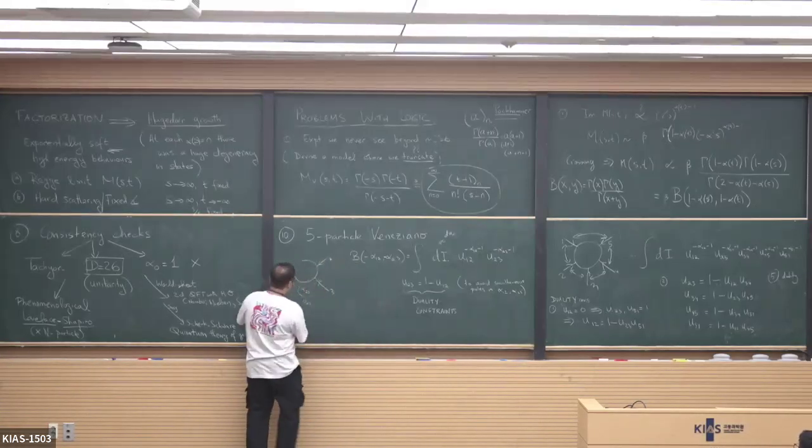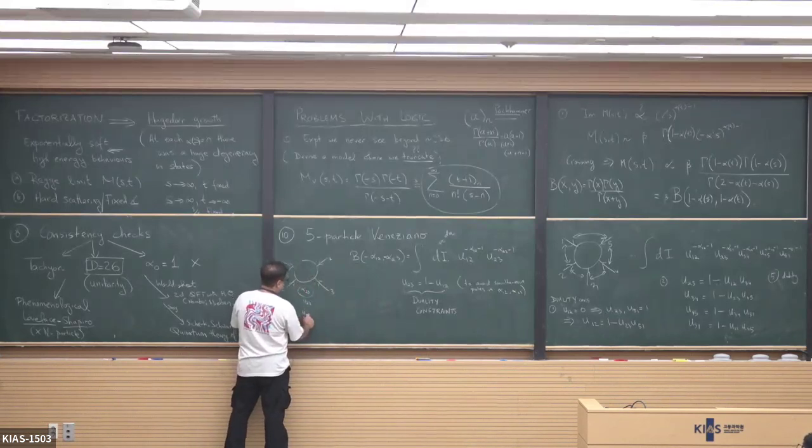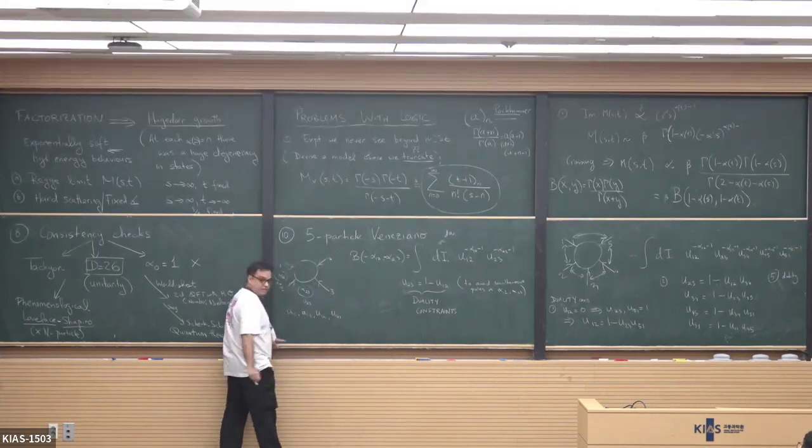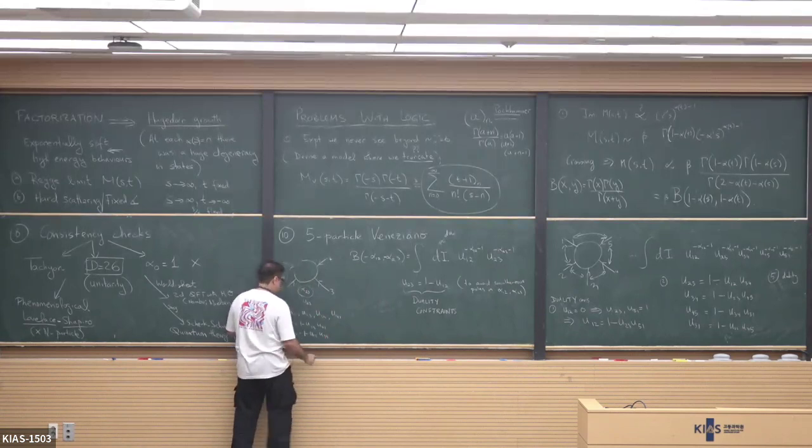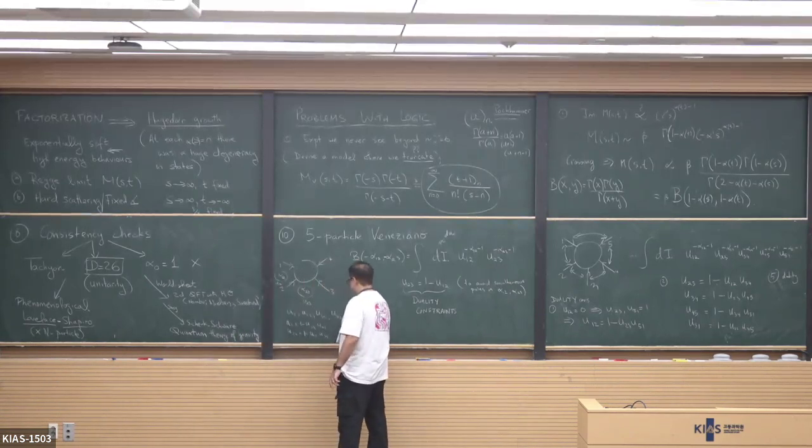You would introduce U1,2, U2,3, U3,4, and U4,1, and you write down exactly the same things. U1,2 is 1 minus U2,3 U4,1. Then U2,3 is 1 minus U1,2 U3,4. And then U3,4 is 1 minus U2,3 U4,1.